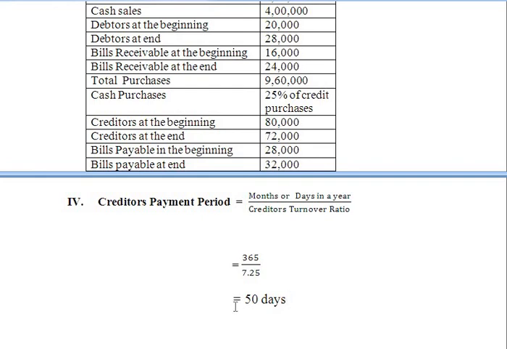If you want to convert into months, you can divide by 30 and get the period in months.